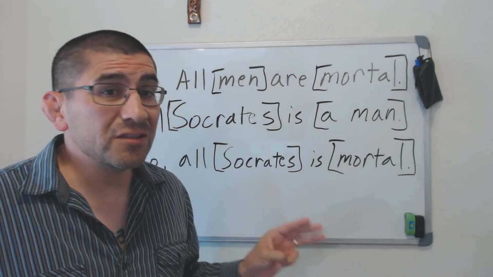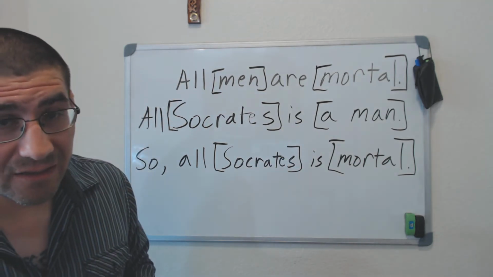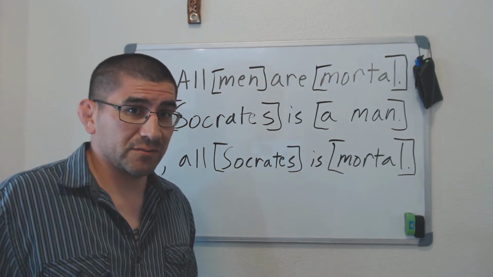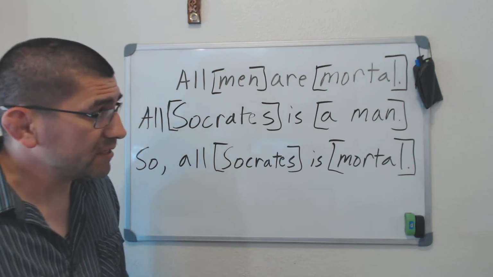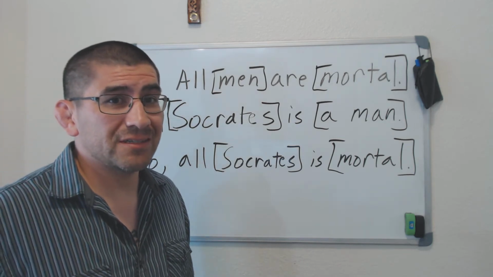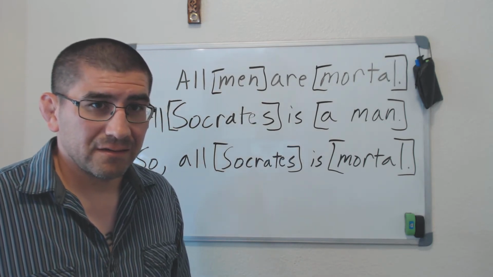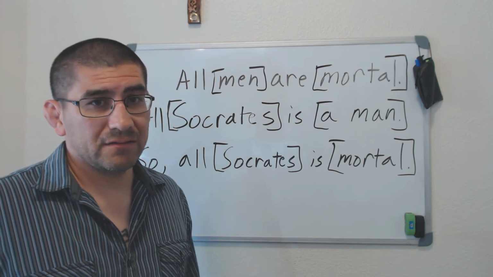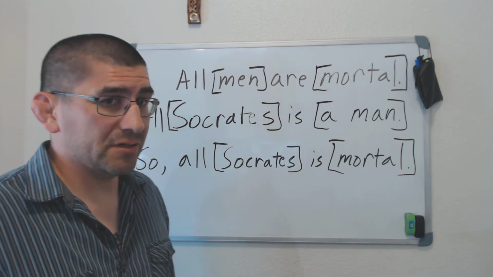Okay, if it had more than three terms, then it wouldn't be valid. Okay, it would be committing the fallacy of four terms. Or if one of these terms was used in a different sense, then it would not be valid. Okay, we would have ambiguity going on.